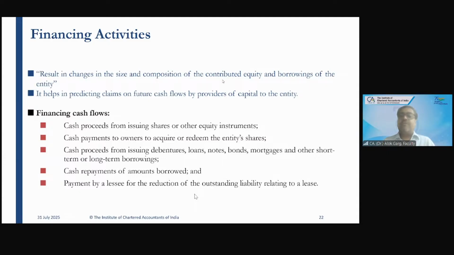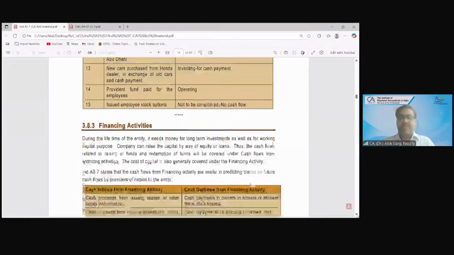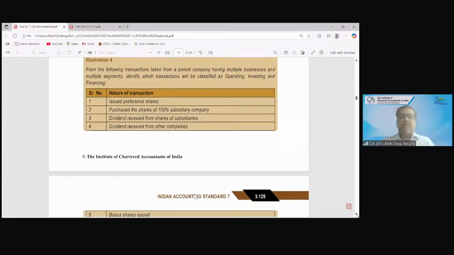Very good. So friends, now let's discuss what is the financing activity. Let me again take you to the study material and let's discuss from there. Illustration number 4. From the following transactions taken from a parent company having multiple businesses and multiple segments, identify which transaction will be classified as operating, investing, and financing activity.